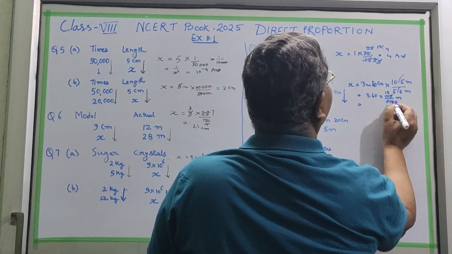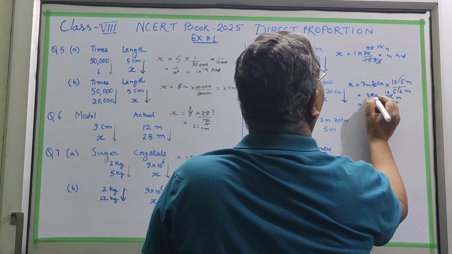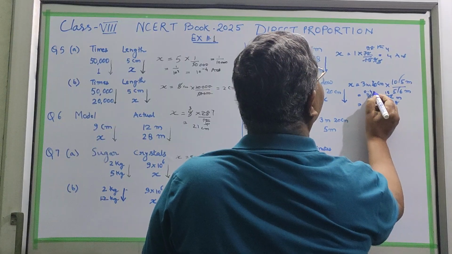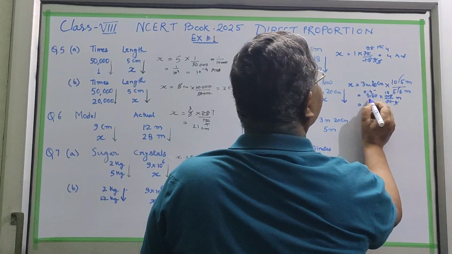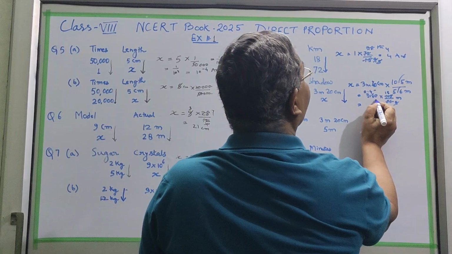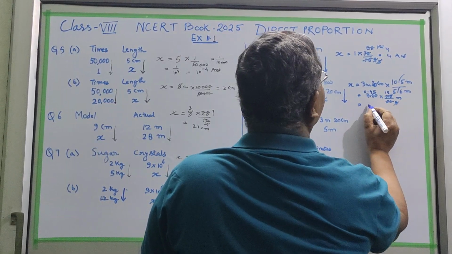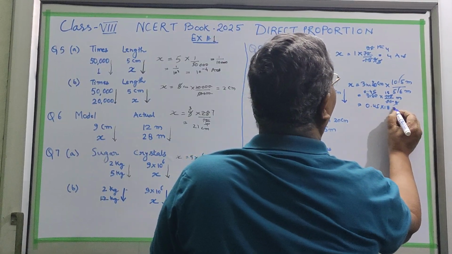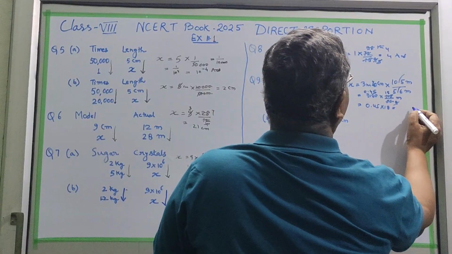So here it will come 0.8, for the 32, 8 5s are 40. Now, so it will be 0.45 into 18.